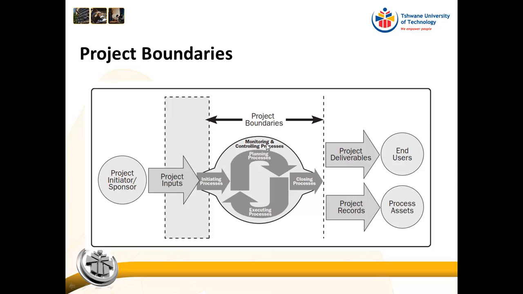We then go through the process, and at the end we have project deliverables which go to the end user, and we have project records which become process assets within our organization. And the boundary of the project is, as soon as we've finished the deliverables and we've done the project records, our project is over.